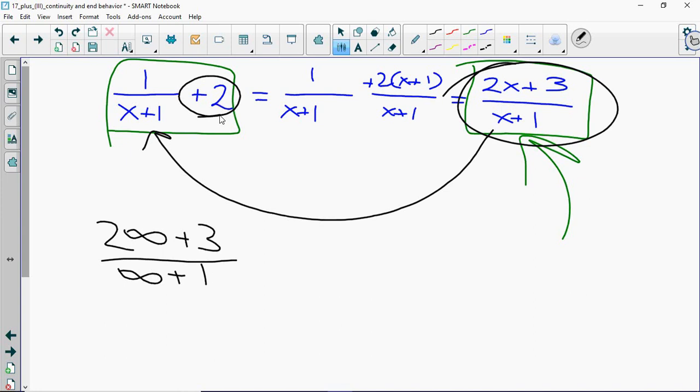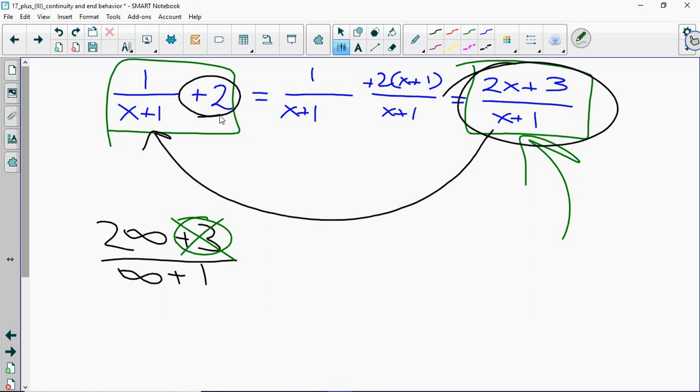So we've got 2 times infinity plus 3. Tell me, does this plus 3 have any effect on 2 times infinity? I mean, 2 times infinity is so, so big that adding 3, really, we can just ignore that. It has very little effect on the overall value here.